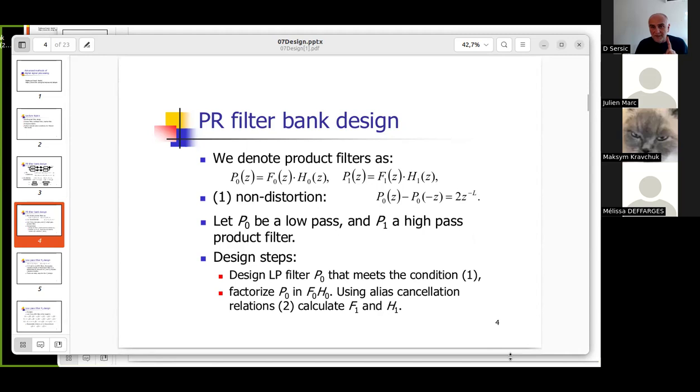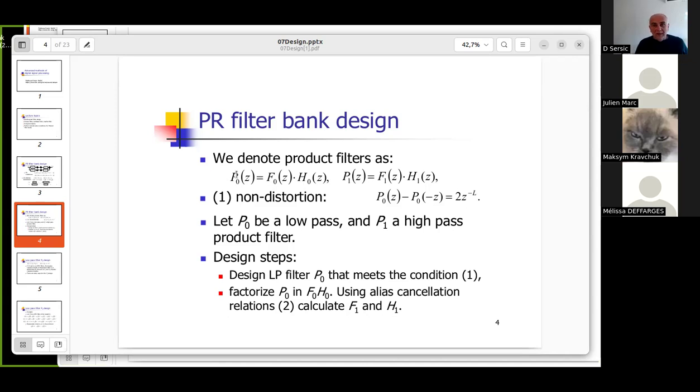Once we have it, it is a product filter, so we will factorize it in two parts, in any possible way we can factorize the filter. Then we will have two filters, F0 and H0, whose product equals P0.